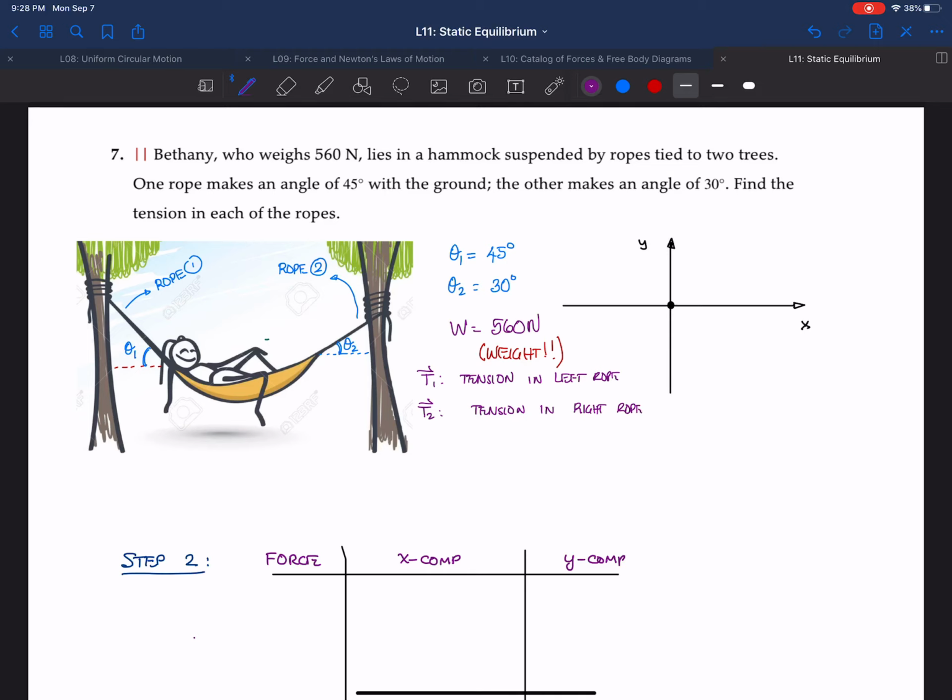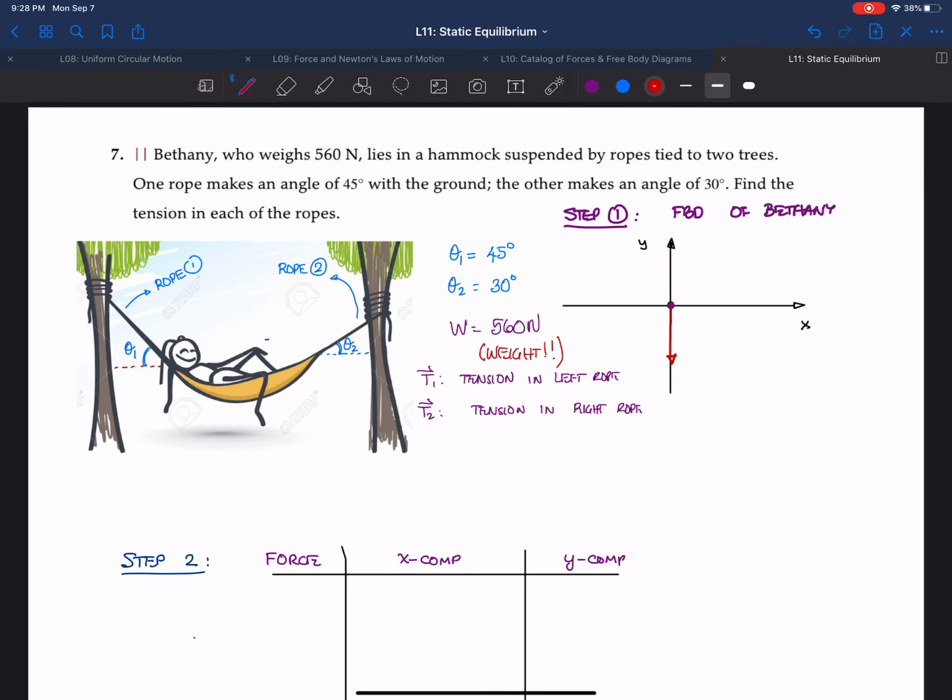Step 1, as we did before, free body diagram. Our focus is on the person in the hammock, Bethany. So free body diagram of Bethany. Well, what are the forces? That dot represents the person, the object. Now draw the forces. There's always going to be the weight.